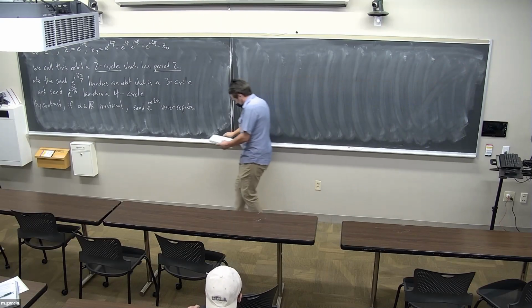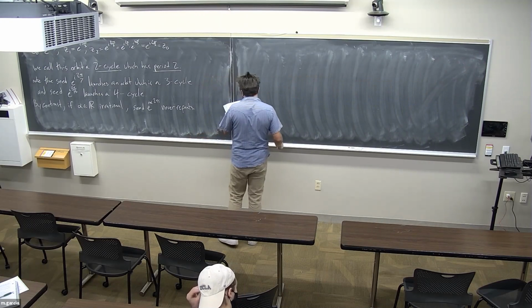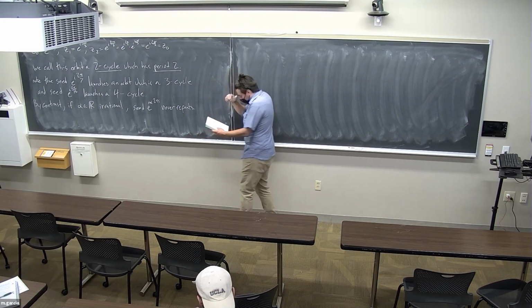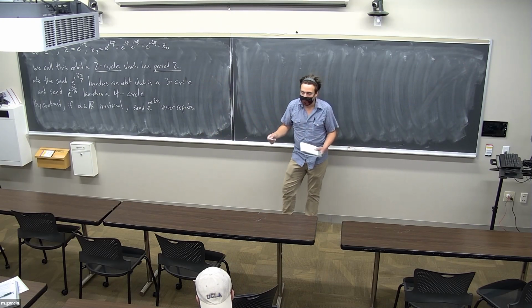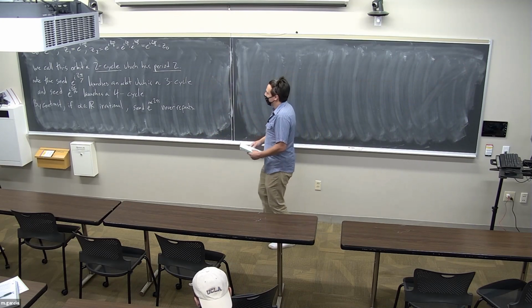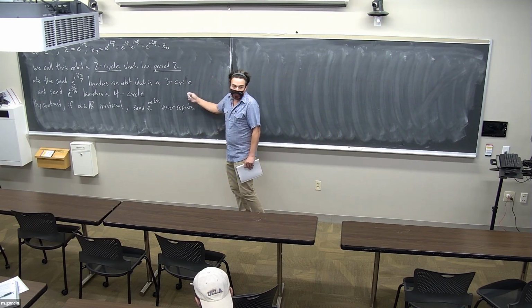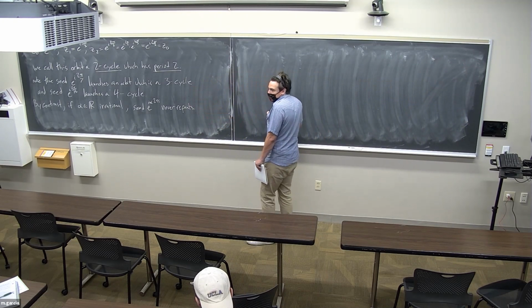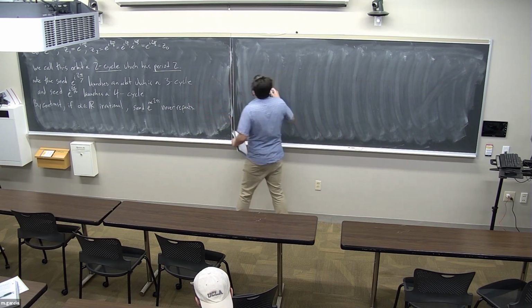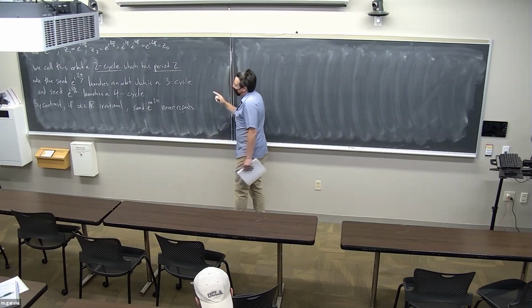So we want to classify our orbits in terms of boundedness or non-boundedness. Needless to say, these are all bounded, all these examples here, ones that stay on the unit circle, but they don't converge.